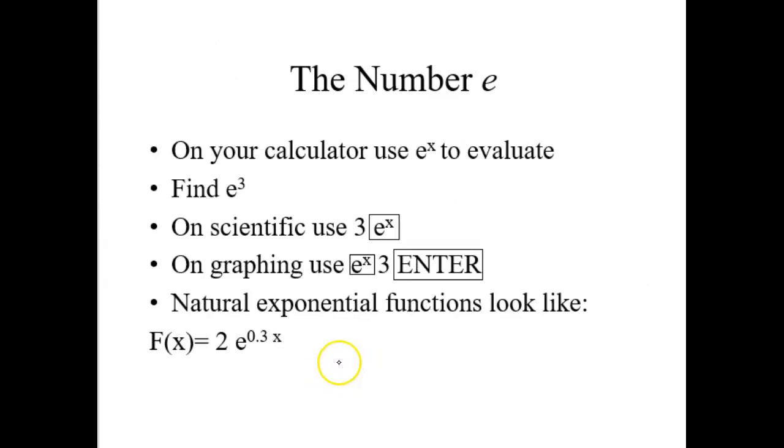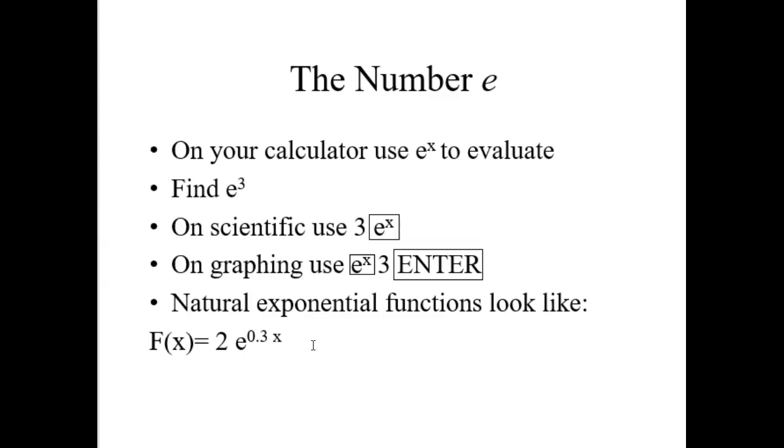So let's practice this on the calculator. Here's what you do on a scientific calculator like a TI-30 or on some of the Casios that you have. And here's what you do on the graphing calculator. Make sure you can evaluate e cubed, and I will tell you what you're supposed to get.